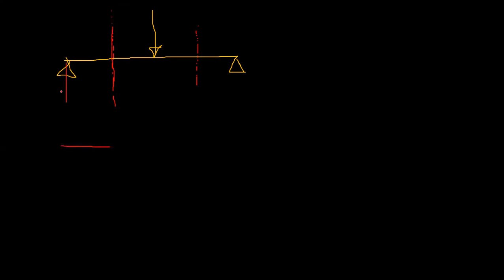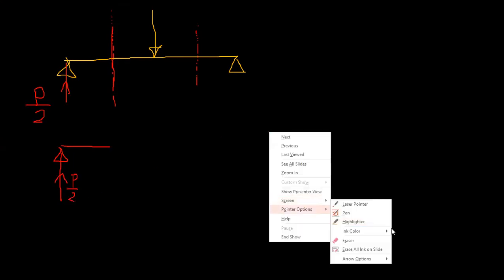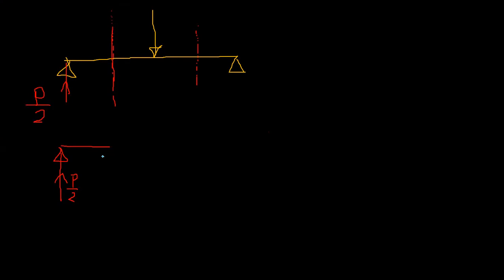So you know this is P by 2, the reaction P by 2, right? Always do it with clockwise positive. So apply a clockwise moment. Don't apply it here, you will be confused again.